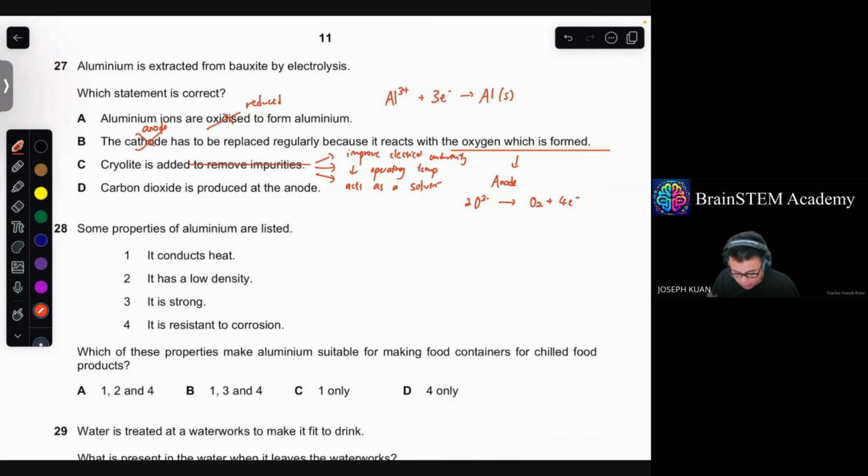For the last one, the answer should be D. In fact, that's correct. It's due to the oxygen gas formed at the anode that ultimately reacts with the graphite electrodes and forms carbon dioxide. And hence, you need to replace them regularly.